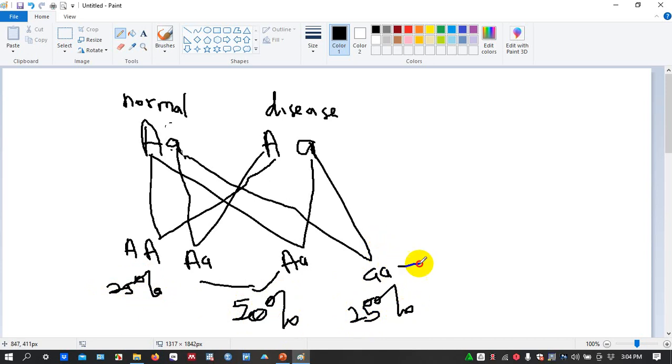So this is the disease, a sick person with alkaptonuria, and this is a normal person, and this person is a carrier. These two people are carriers. They have the gene, but they don't have the sickness. So they are carriers, like sickle cell carriers.